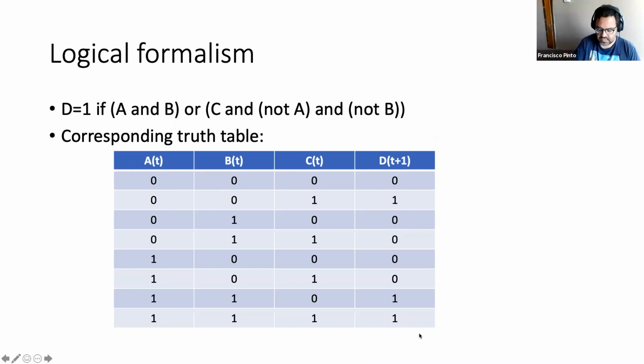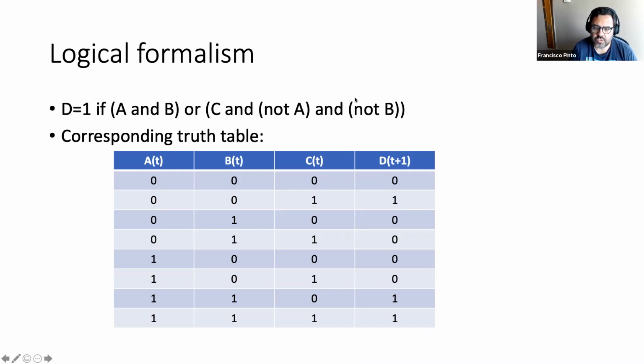And I say can be because the updating scheme can be different, and we'll talk about that in a moment. And actually we only define the logical function for D to have the value 1. So we are assuming that D has only two states.